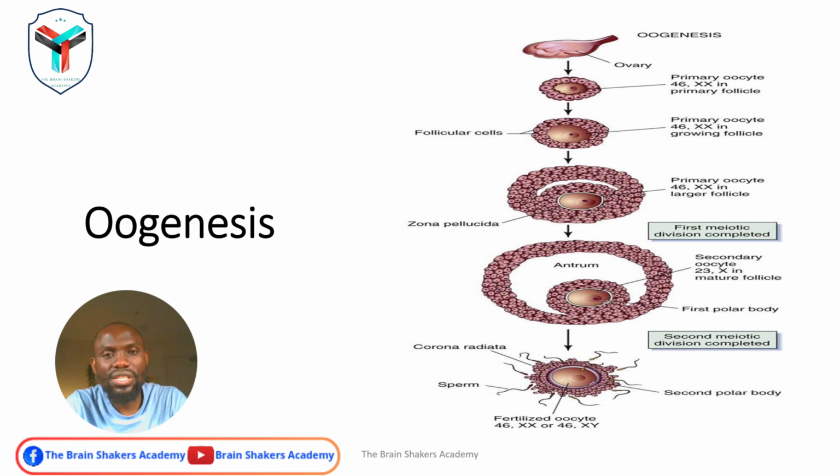After puberty, the primary oocytes will begin to mature with each ovarian cycle, and usually only one reaches full maturity. When the primary oocytes are developing into a mature oocyte, they undergo a number of stages that they have to go through to be mature before it can be released from the ovary during the process of ovulation.